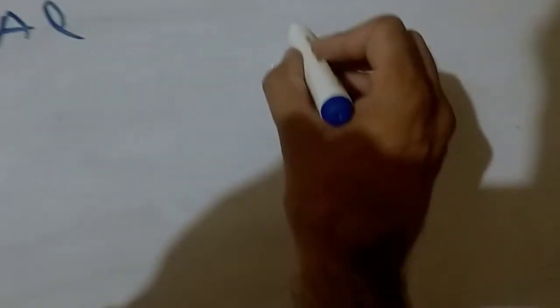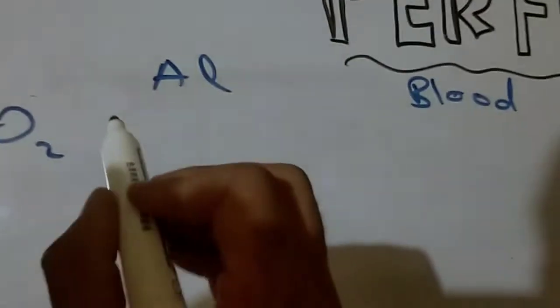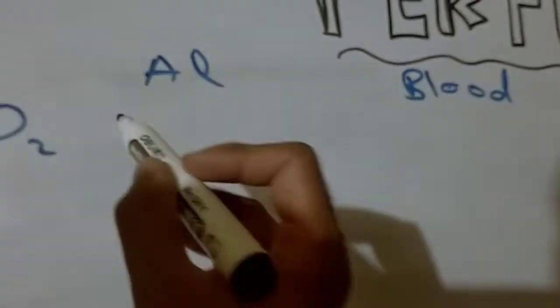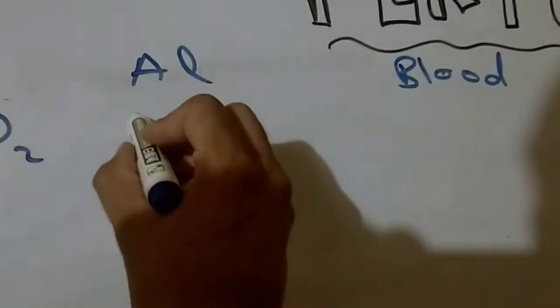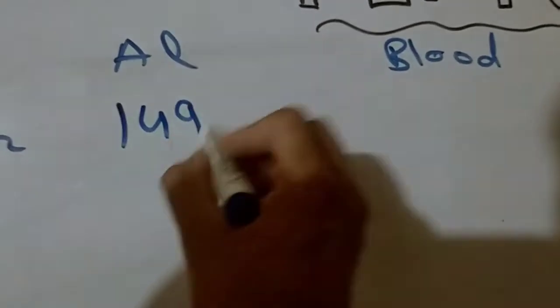Discussing the partial pressure of oxygen in the alveoli first and in the blood, we must remember the following values: the partial pressure of oxygen in the alveoli is 149 millimeters of mercury, and in the blood it is 40.